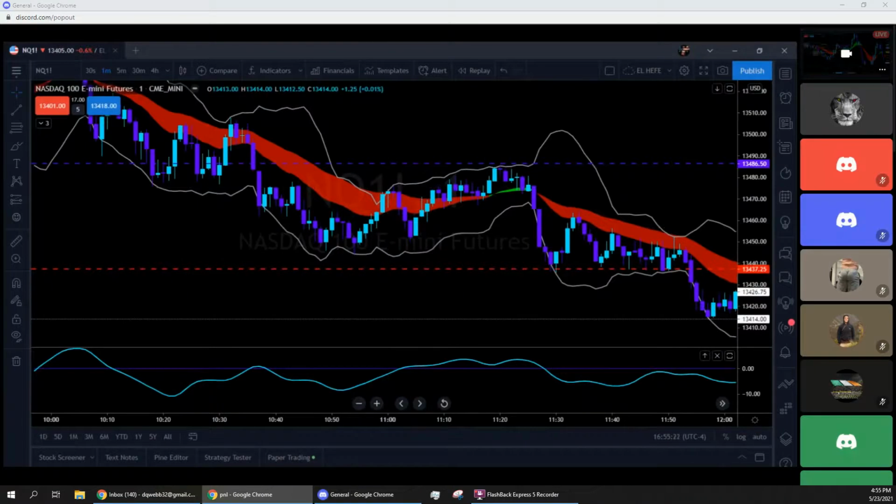This is 11:02. You've got some pretty bad things going on, not in your favor. The cloud is red. You've got your cumulative delta line below zero.